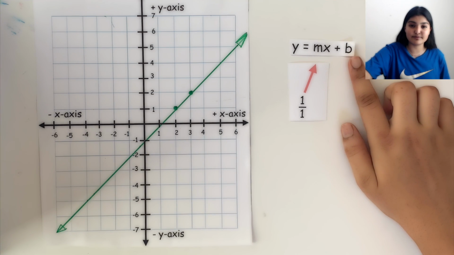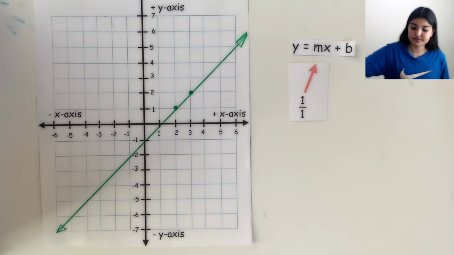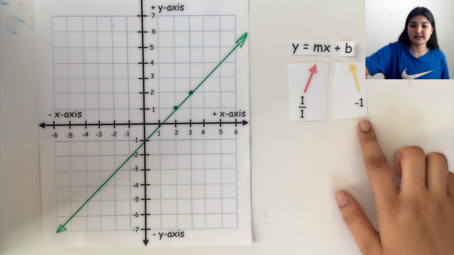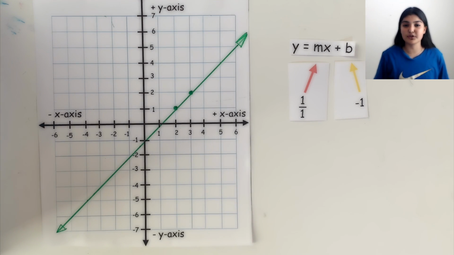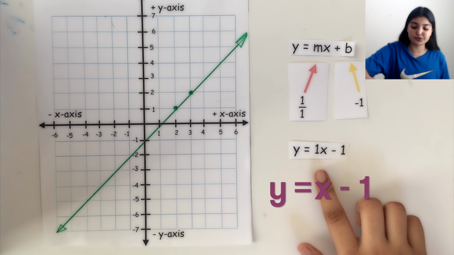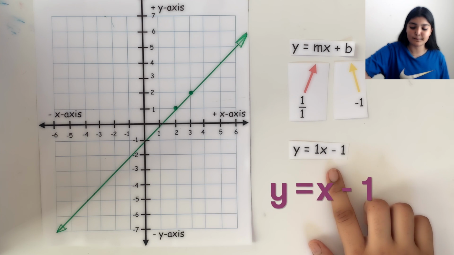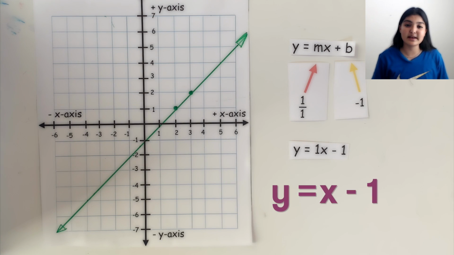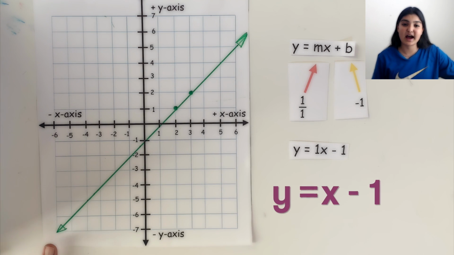So the value of B is -1. Now, let's put it all together. This gives us an equation of Y is equal to 1X minus 1, which is one out of many ways to describe this line.